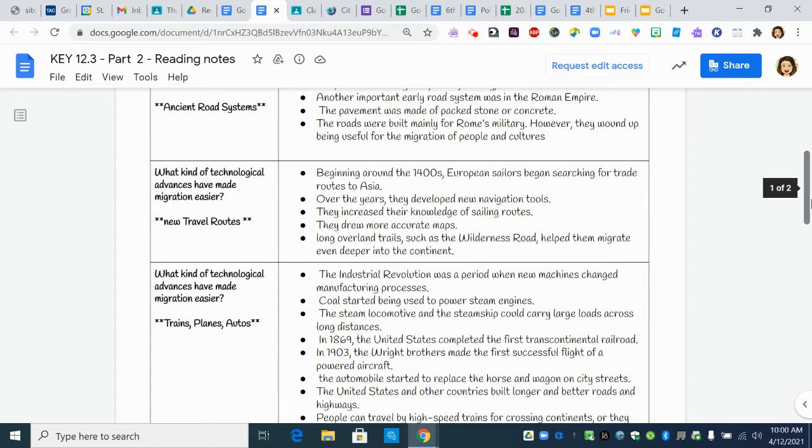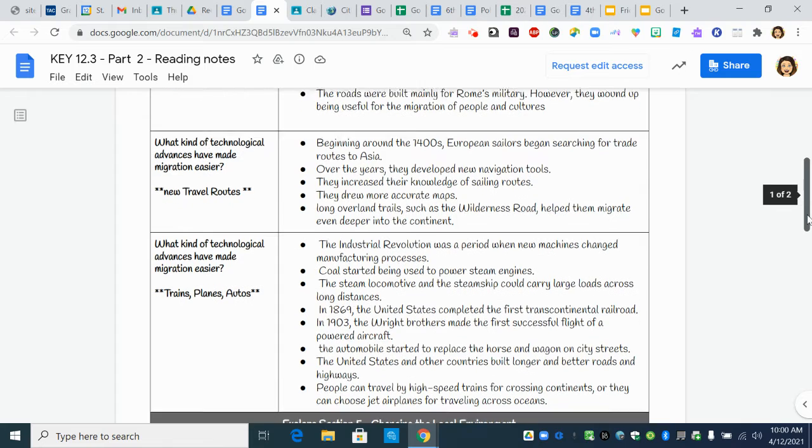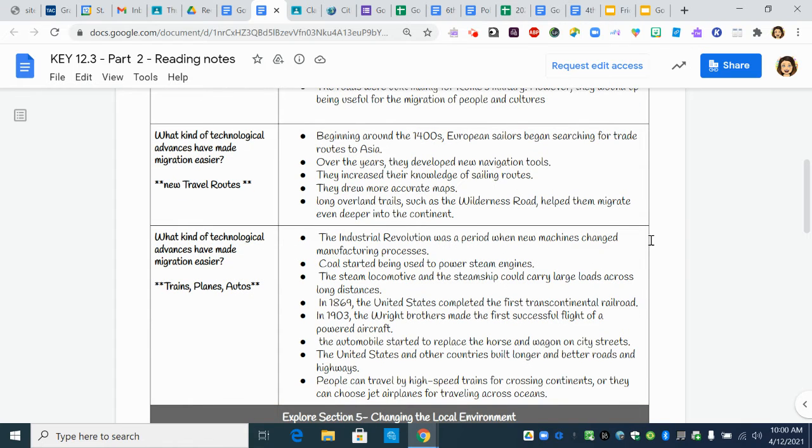What kinds of technological advances have made migration easier? Trains, planes, automobiles. The Industrial Revolution was a period when new machines changed manufacturing processes. Coal started being used to power steam engines. The steam locomotive and the steamship could carry large loads across long distances. In 1869, the United States completed the first transcontinental railroad.